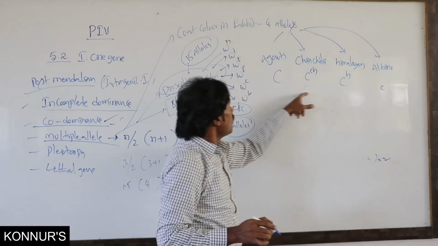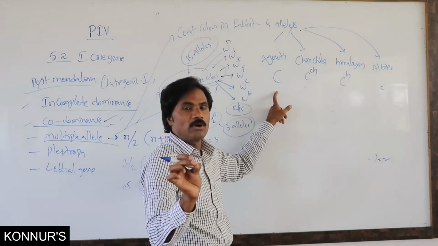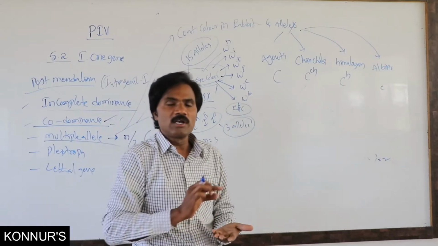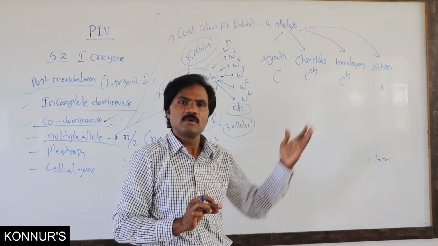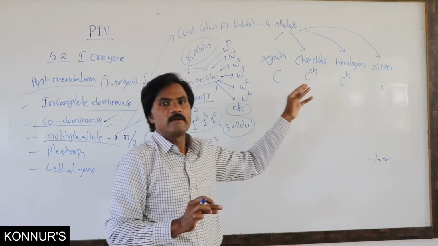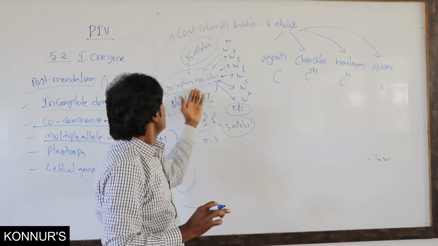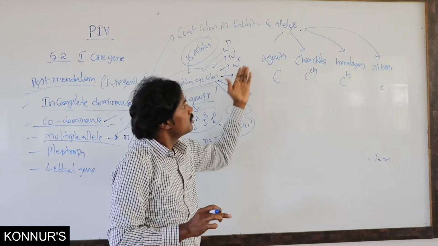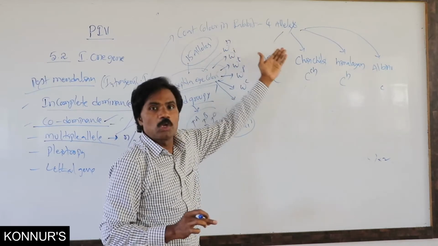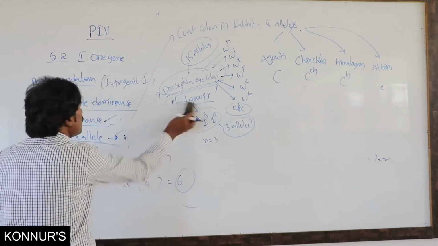So all four alleles are present. Here n is equal to 4. According to the principle, you can calculate the total number of genotypes in rabbit coat color. So in multiple alleles, blood groups, Drosophila eye color because of mutant alleles, and rabbit coat color are examples of multiple alleles.